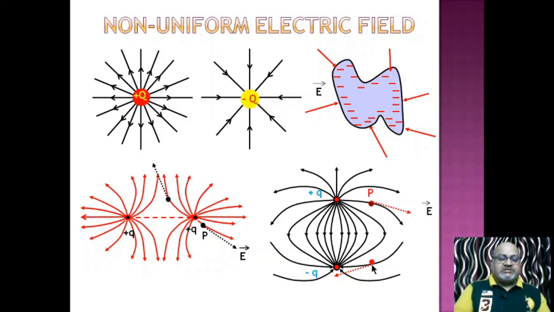In both the cases, electric field intensity is different in direction, but it appears both the points are somewhere equal. Magnitude may be equal, I can't say. So as far as direction is concerned, they are non-uniform, both electric fields. As far as direction is concerned, both electric fields are not the same, direction is different.